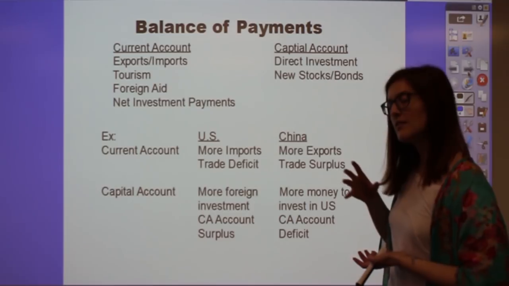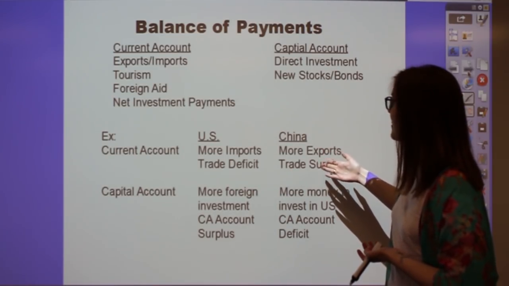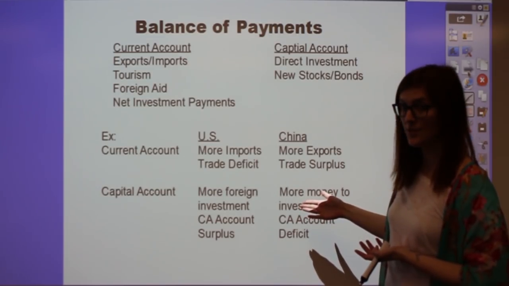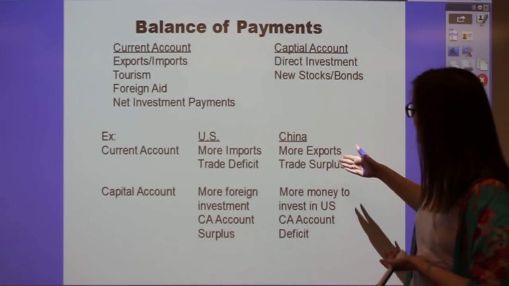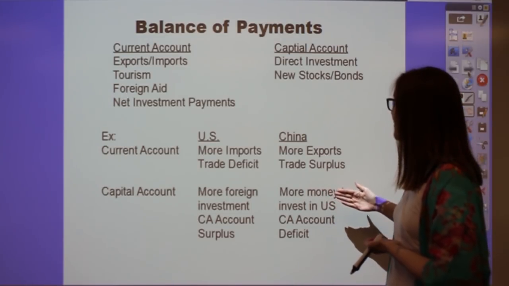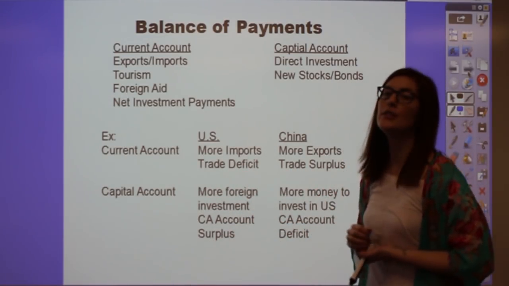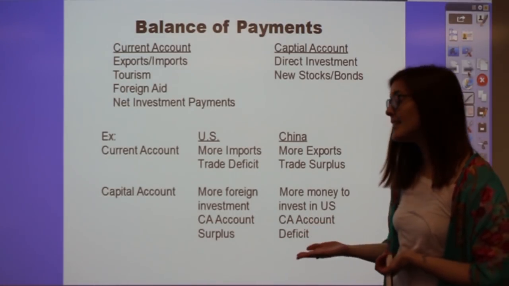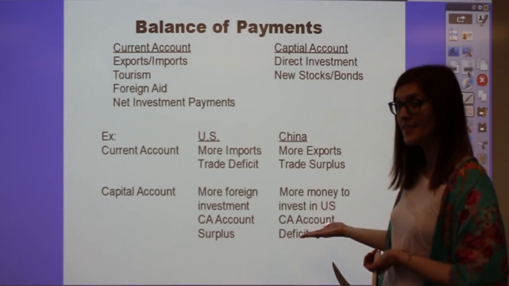So how this works is if China has a surplus, then they have more money to invest in the capital account. So they're going to use that money to invest their money into the United States, which means in the capital account they have more liabilities and a capital account deficit.